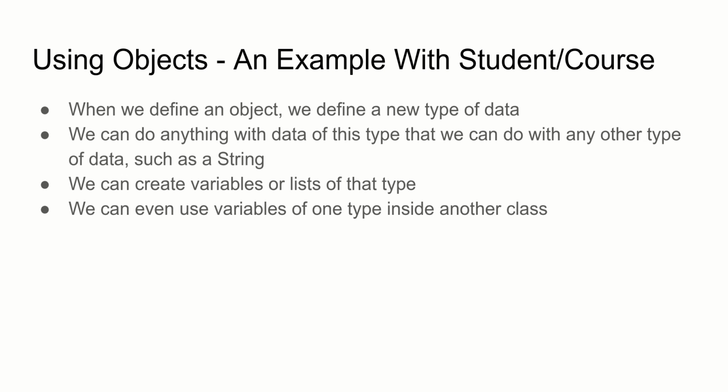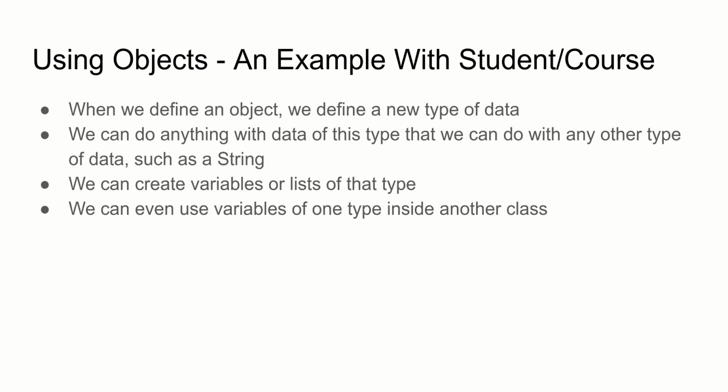We can create lists using that type. We can create dictionaries, though we should be careful about what we set up as keys in those dictionaries. You'll get into that at later points when you start to study data structures, but you can use them in dictionaries. You can use them as return values from functions.